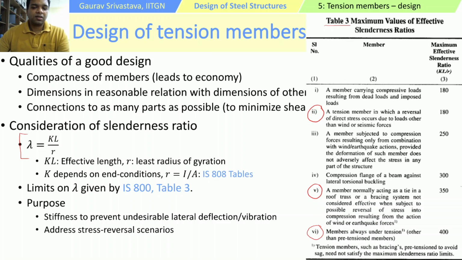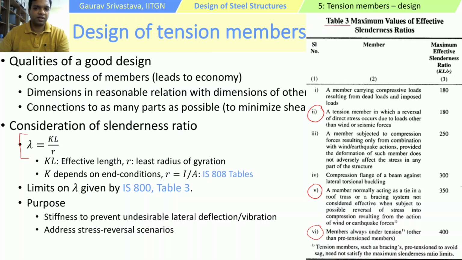But if it is prone to lateral deflections or vibration by plucking or accidental type of situations, that is not a desirable situation for structural systems. Okay, so that is where some minimum stiffness has to be there, which means some minimum length to area ratio has to be there. Okay, so these are the two primary reasons of why limits are defined for slenderness ratios of tension members.